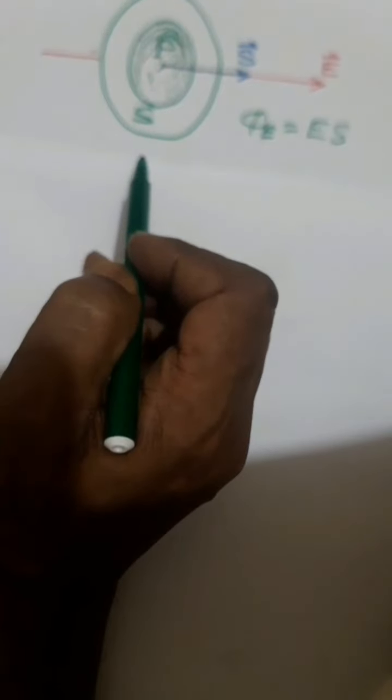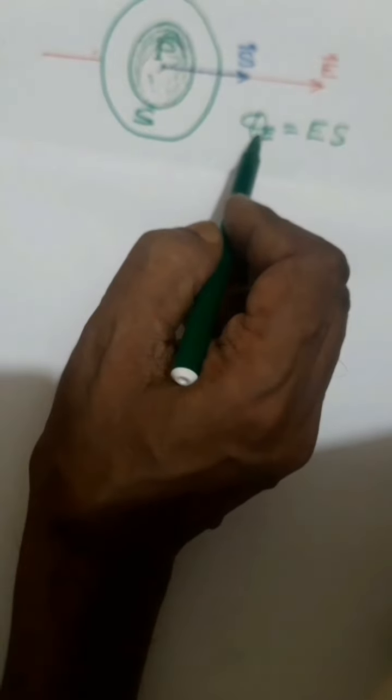That is, the electric flux phi E of the surface is phi E equal to ES.